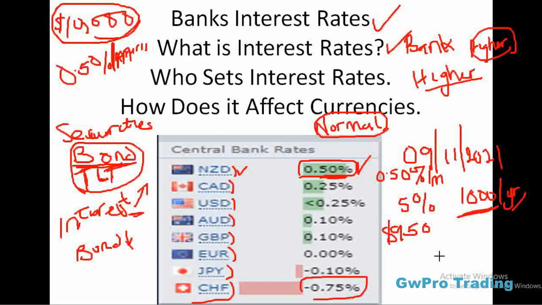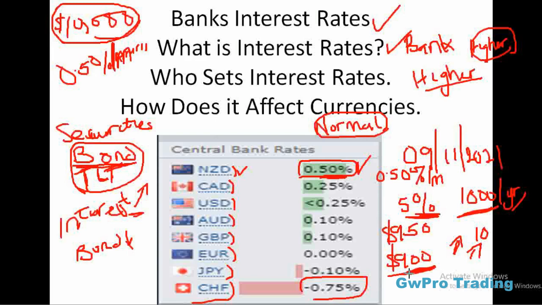Say the interest rate goes up to 10%. Definitely, this bond price is going to become $900. It will be required of you to pay $900 for this bond because of the high interest rate.